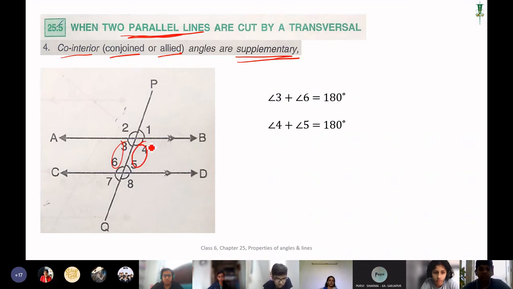What is the relation when the lines are parallel? They are supplementary, which means they sum up to 180 degrees. Exterior alternate angles are equal, interior alternate angles are equal, corresponding angles are equal, but co-interior, conjoined or allied angles are supplementary in case of parallel lines.